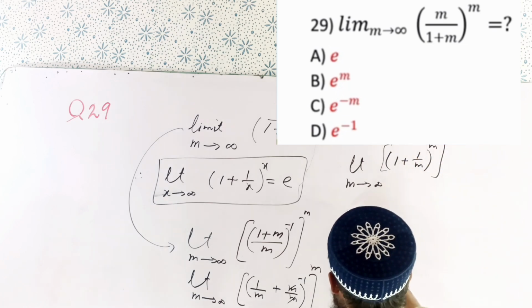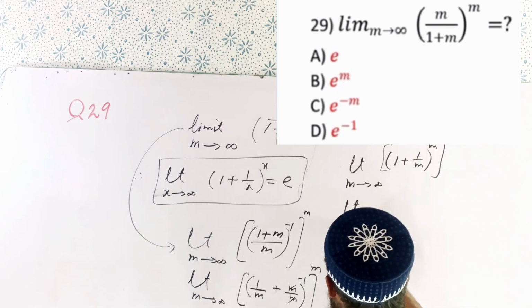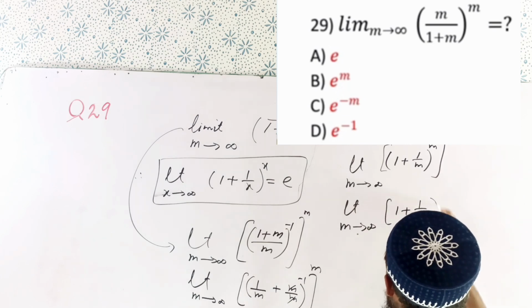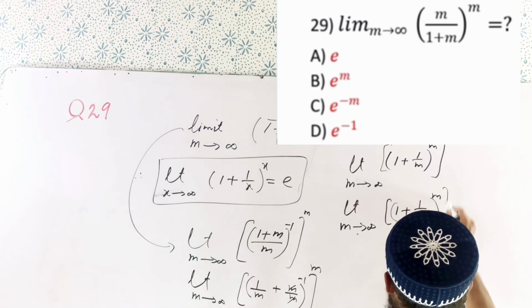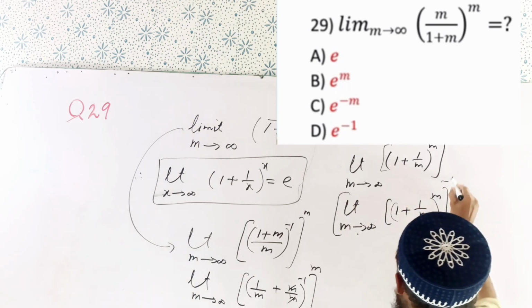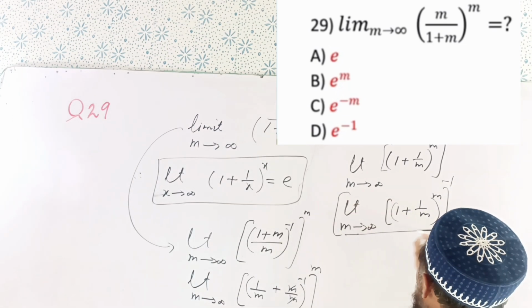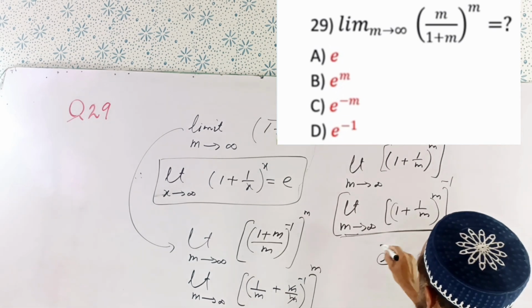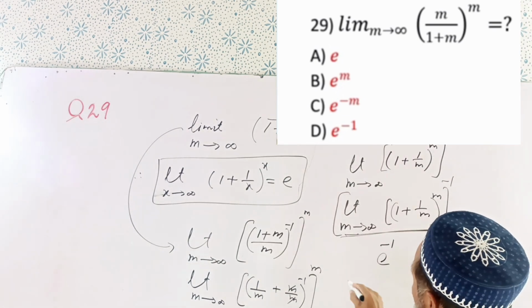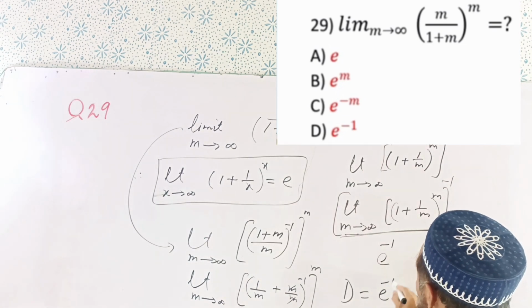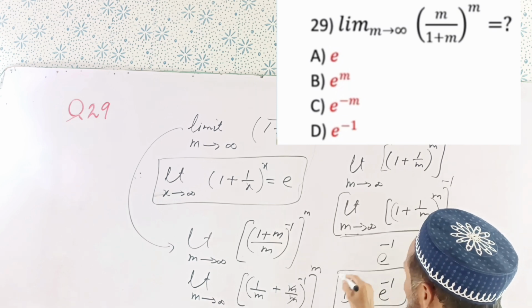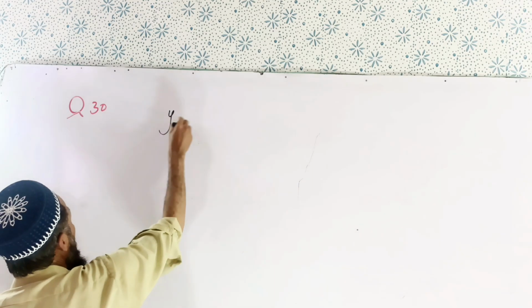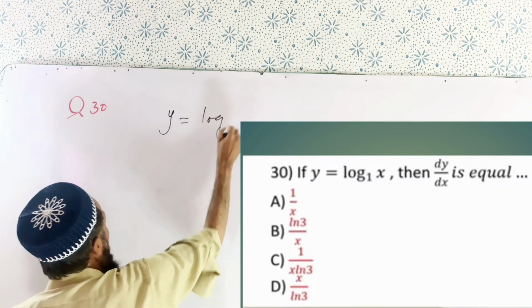Now (1 plus 1 over m) whole power m as a whole gives e, so the result is e power minus 1, and option D is the correct option.